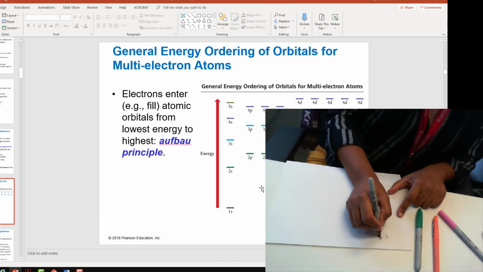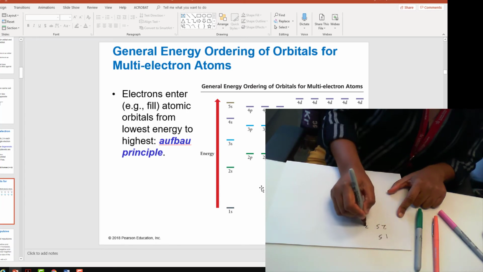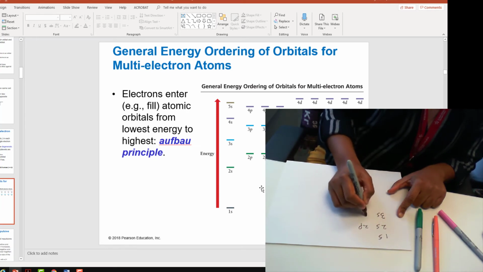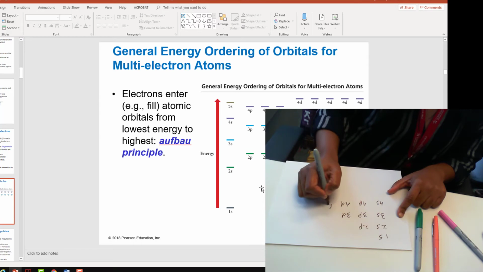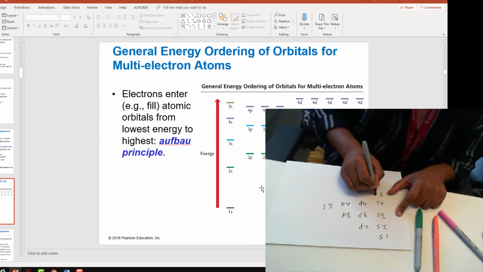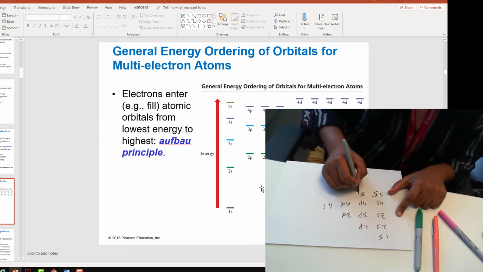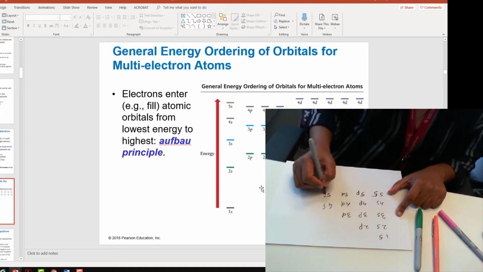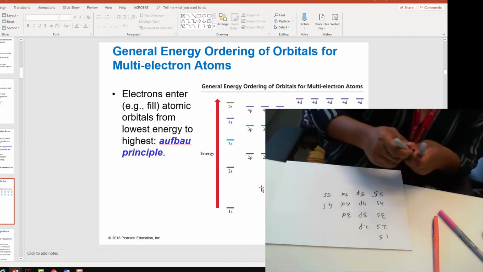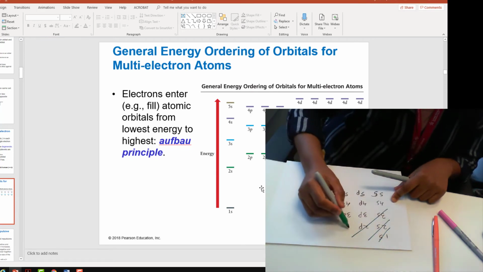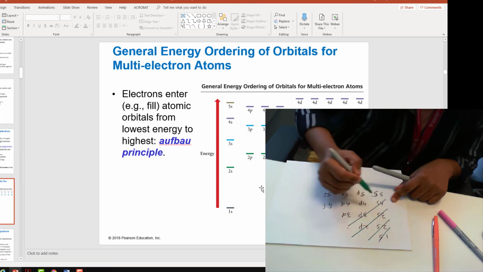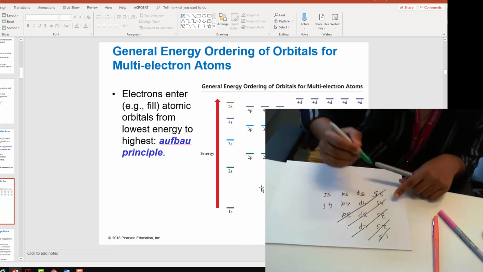1s, 2s, 2p, 3s, 3p, 3d, 4s, 4p, 4d, 4f, like that, 5s, 5p, 5d, 5f. Now how do you write it? Make it like 1s, 2s, like that, and then you write 3p, goes that way, 4s, and 3d, like that.